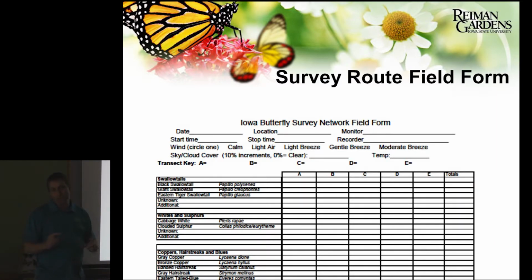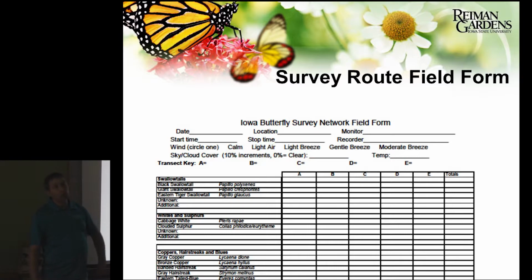If we're not sure what kind of butterfly it is, but we know it's a butterfly and it's a swallowtail, then you can do things like unknown swallowtail, and that's perfectly okay. And again, it's possible then, once you know that your site has certain species on it, to make sure that those species are on this list so that you don't have to hand write them into the blanks that we've provided as well.